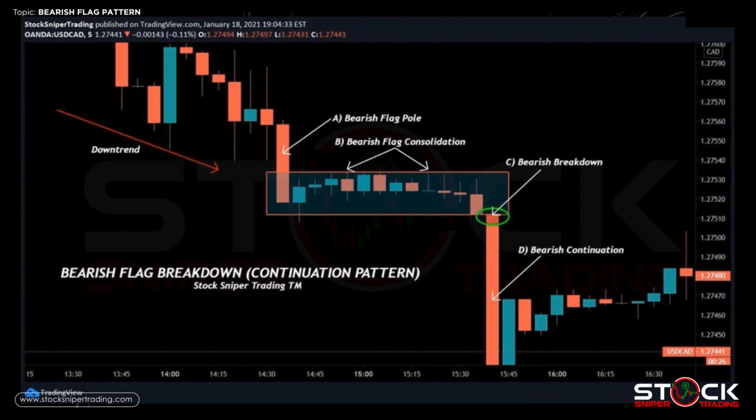As selling pressure increases when we break through the bearish flag, we get D, bearish continuation, and price action continues to make lower lows and lower highs, continuing the downward bearish momentum. In this example the flag is a horizontal rectangle box, and we can also get sloping flags. Let's take a look at that example.